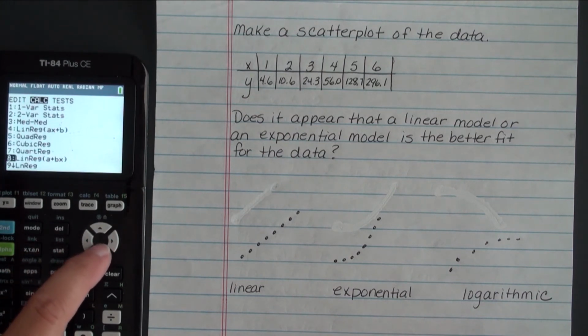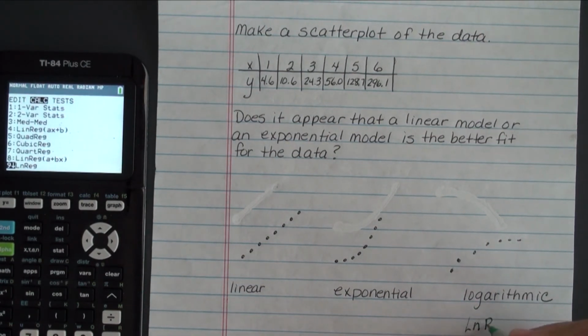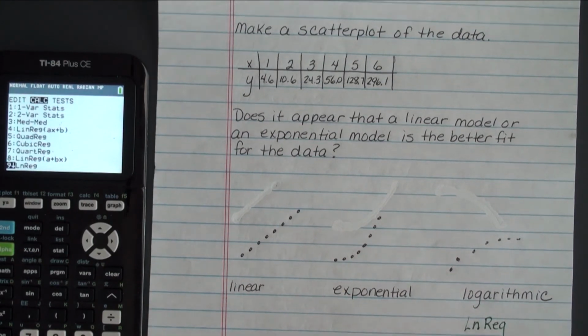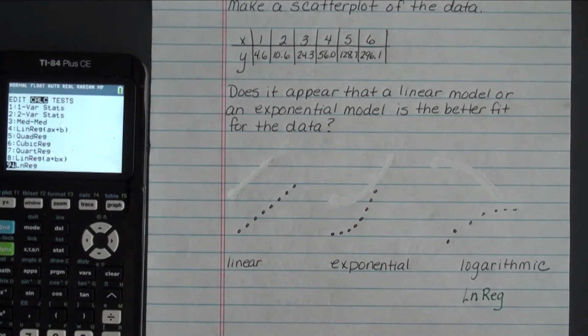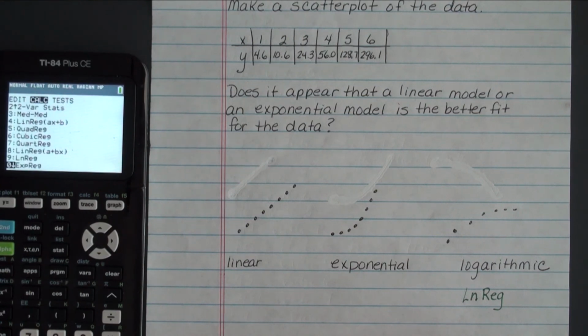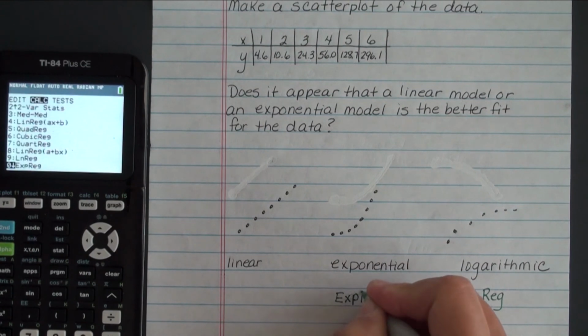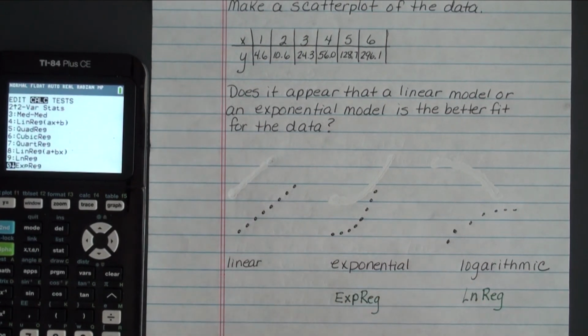And you need to go down to the number 9. Number 9 says LNREG. That is the button that you will use to find the equation of a logarithmic model. And if we go down to the 0, we see EXPREG, and that's the button you will use if you need to find an equation of the exponential model.